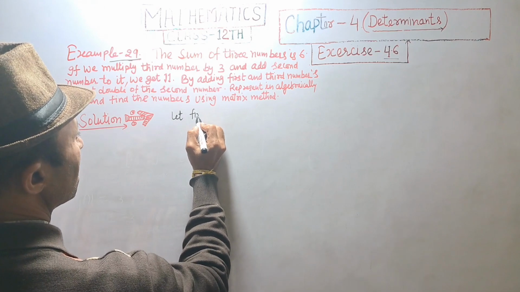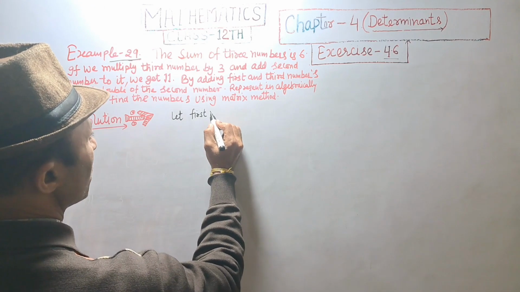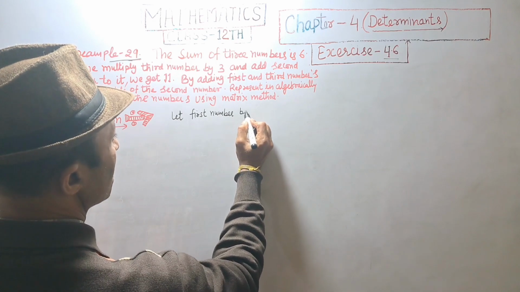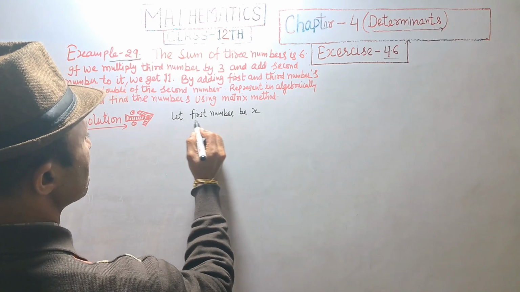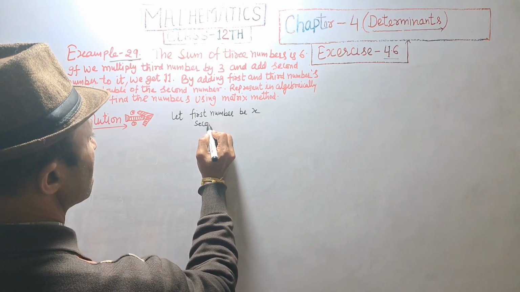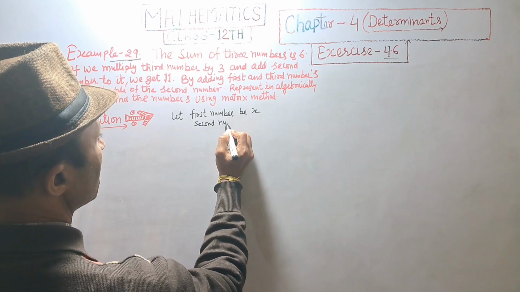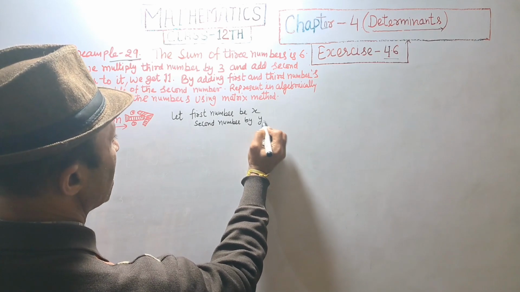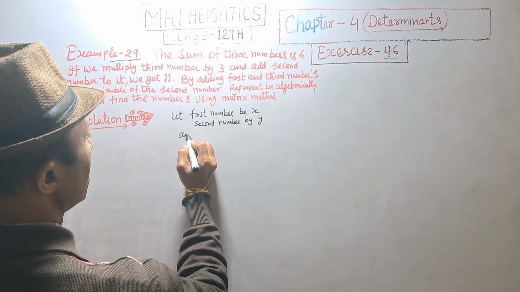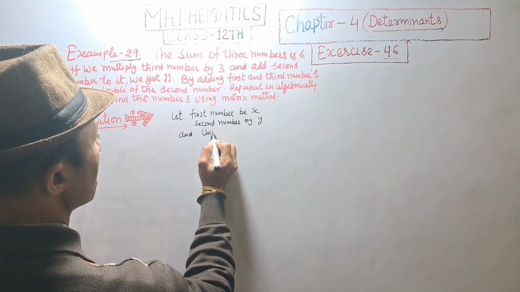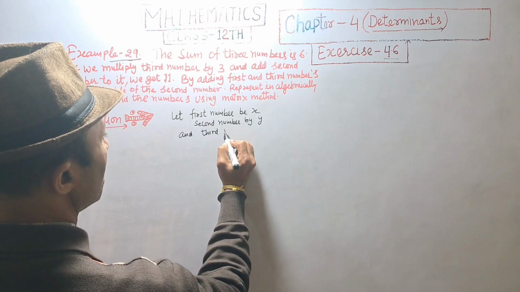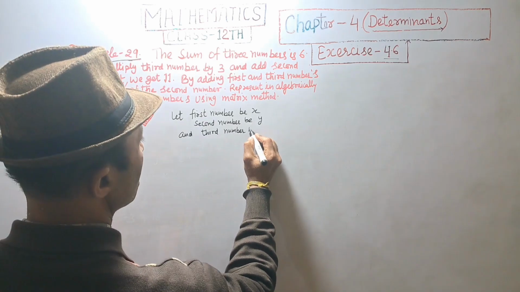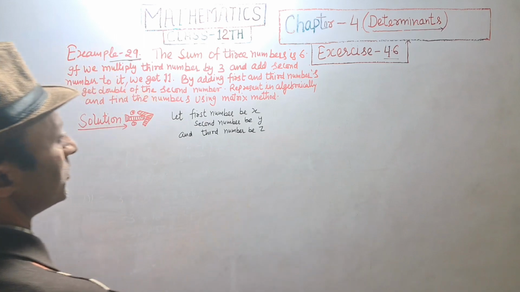Let the first number be x, the second number be y, and the third number be z.